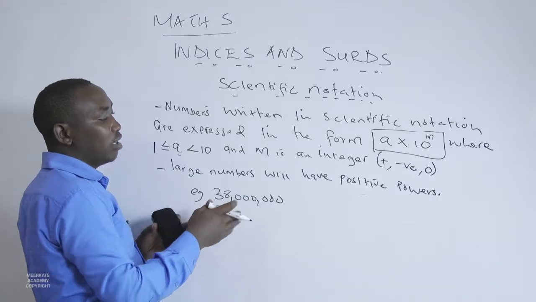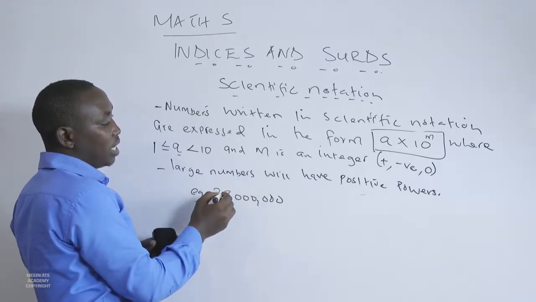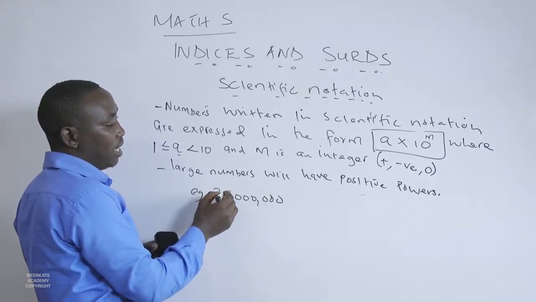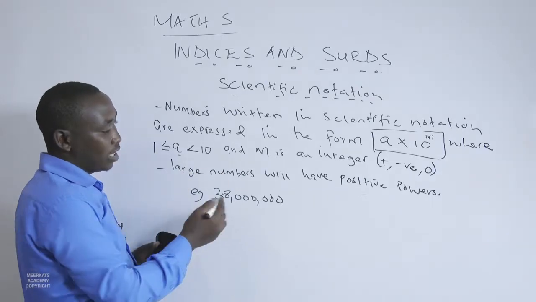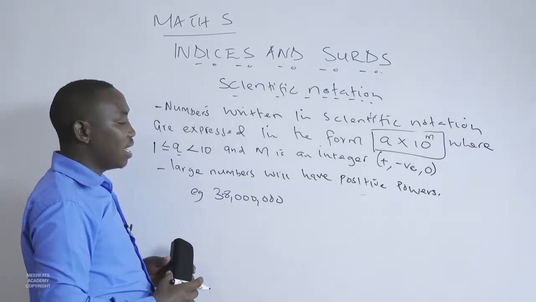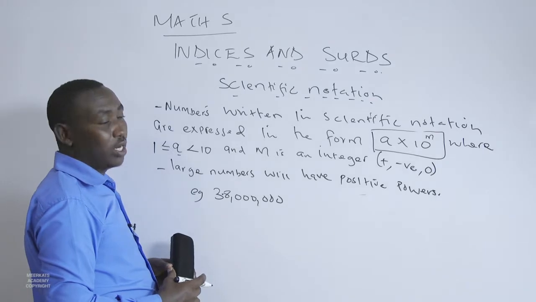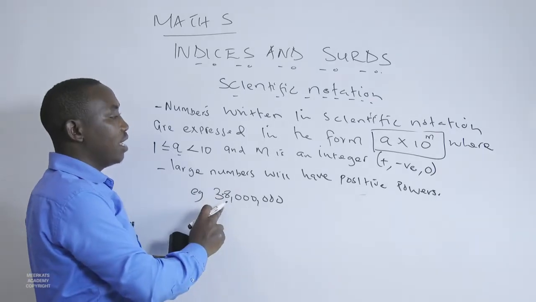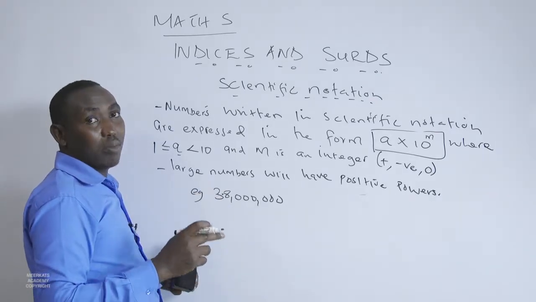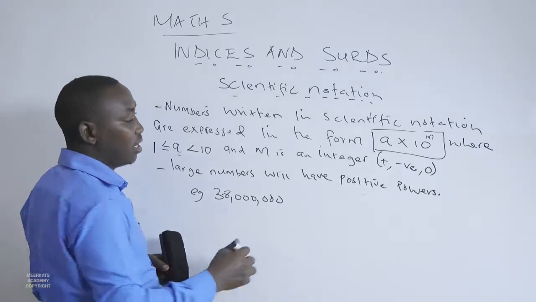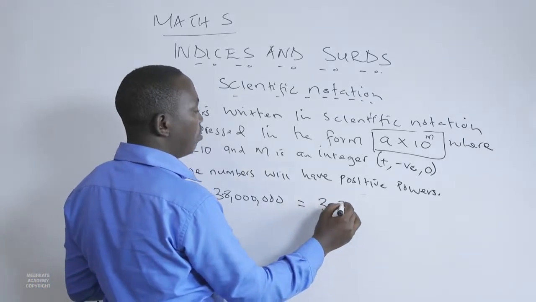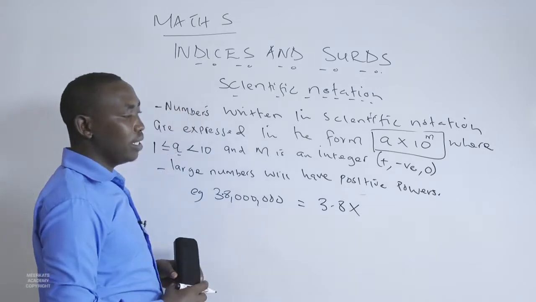So your decimal point needs to be at 3.8. You'll discover that 3 is greater than 1 but strictly less than 10. So this will be 3.8 times.